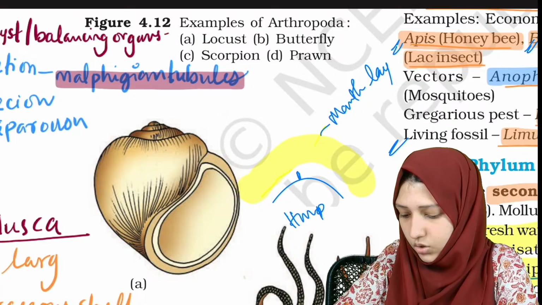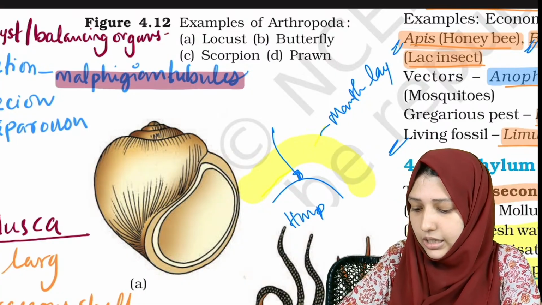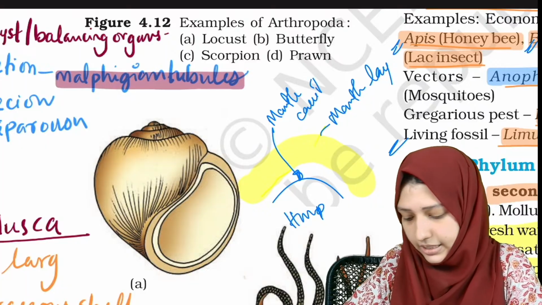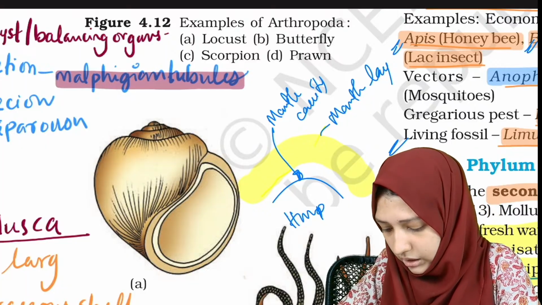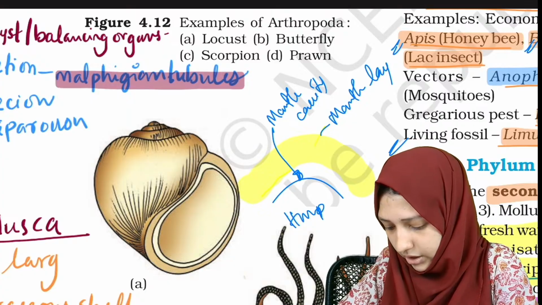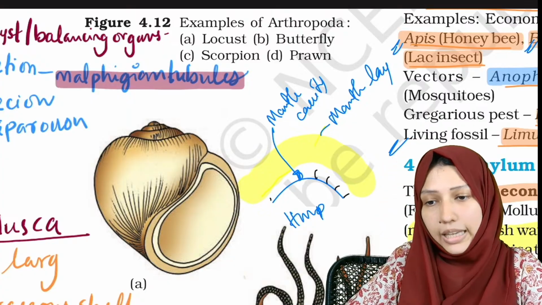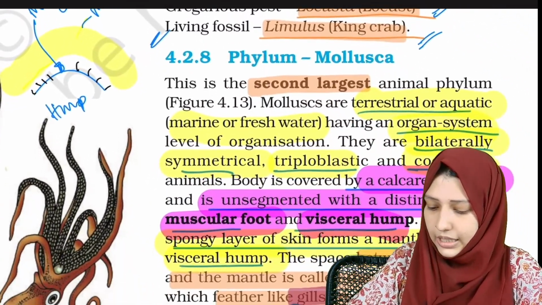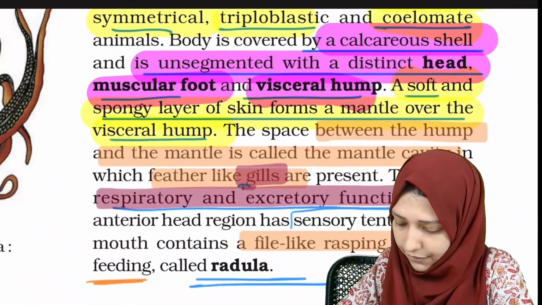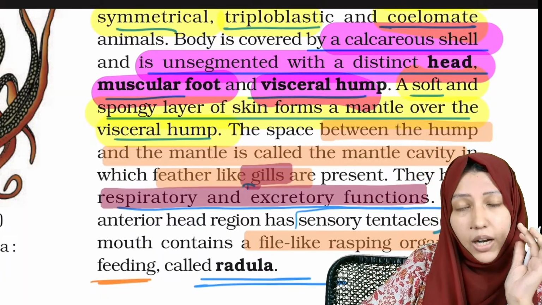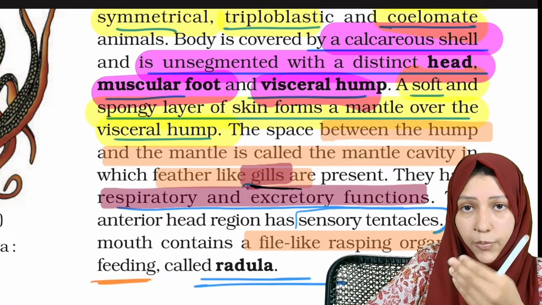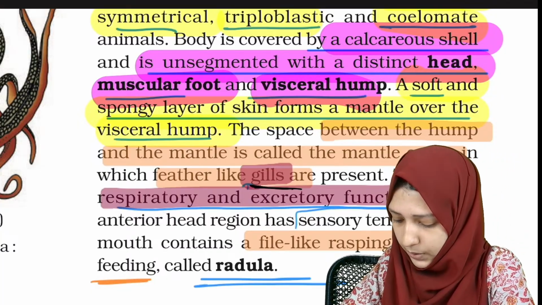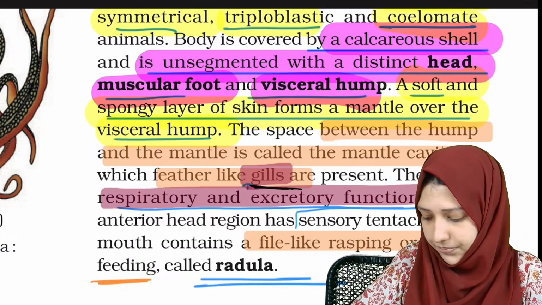This cavity has small structures known as gills. Feather-like gills. And what are the uses of these gills? They have respiratory and excretory functions.